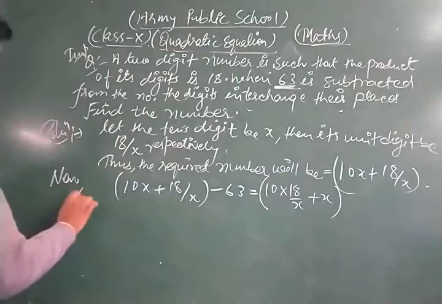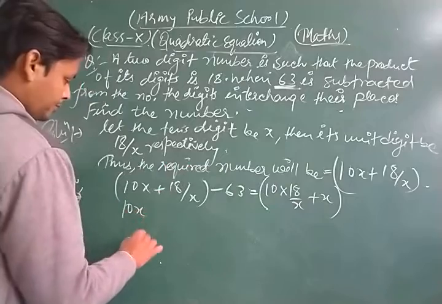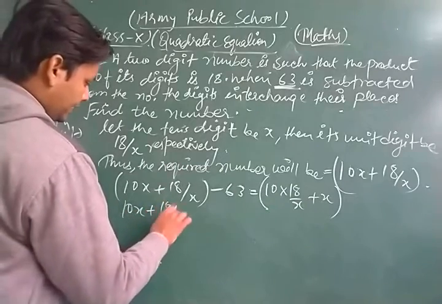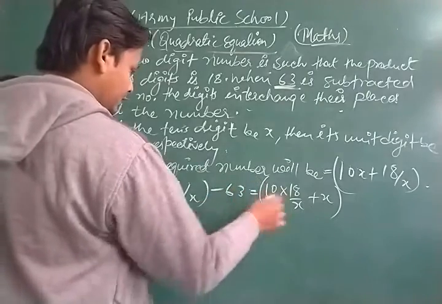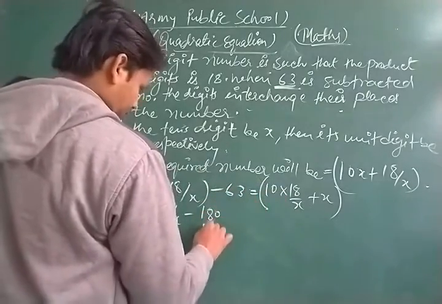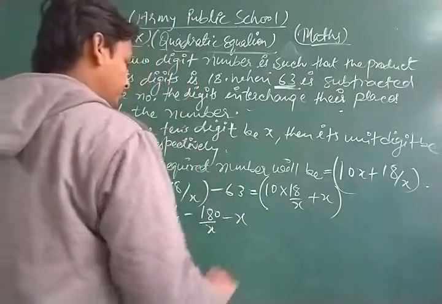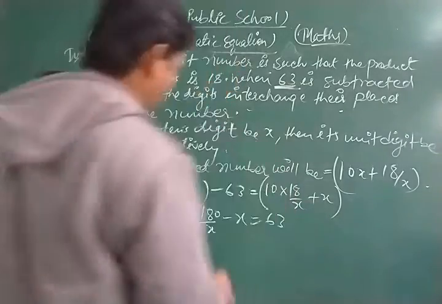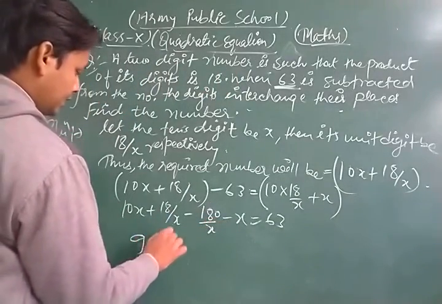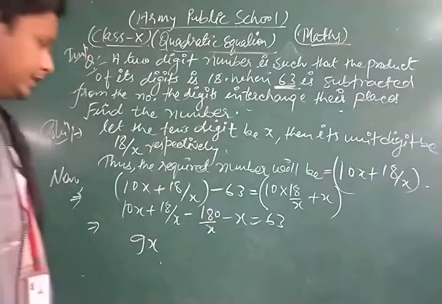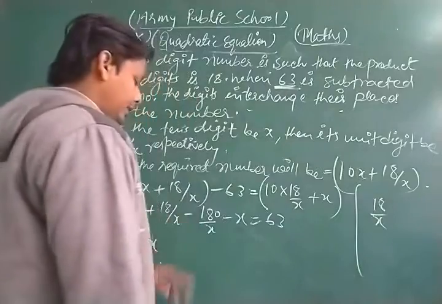Okay, now after simplifying, we transfer that side. So this is 10x plus 18 upon x minus 180 upon x minus x is equal to 63. Now we simplify: 10x minus x is 9x. Now look, this is 18 upon x minus 180 upon x.